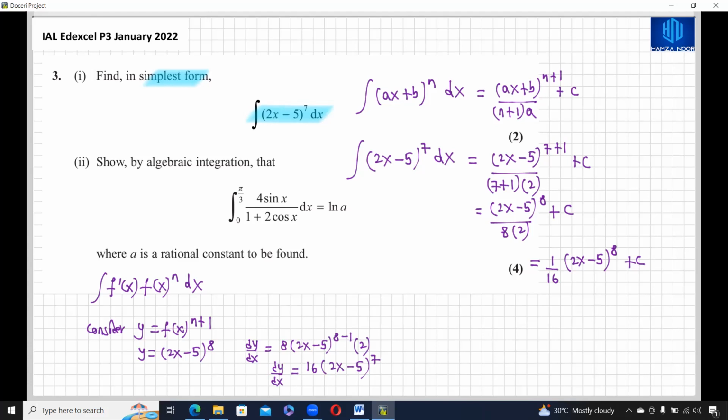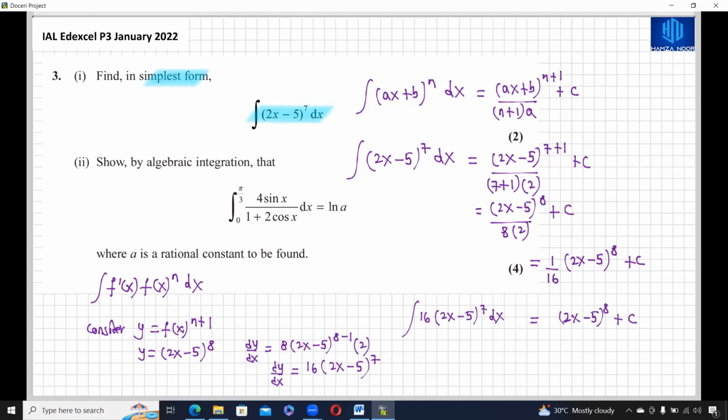Now, as we know, integration is the reverse process of differentiation, so this essentially means that if you integrate 16 times (2x − 5) to the power 7 with respect to x, you will get exactly (2x − 5) to the power 8, and since it is an indefinite integral, plus c.